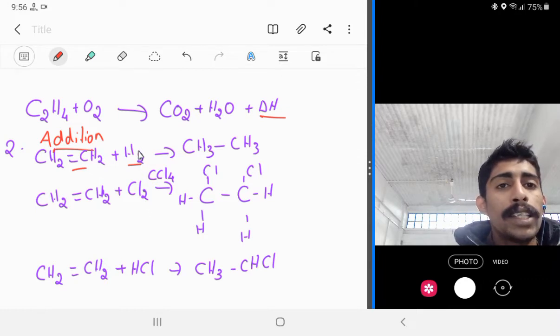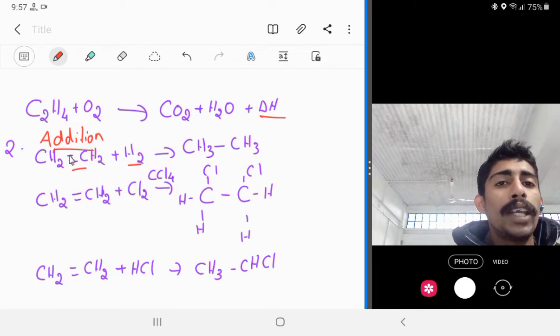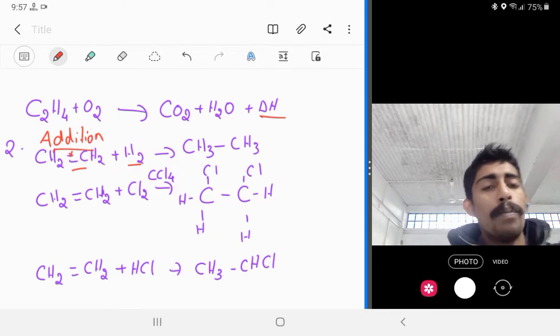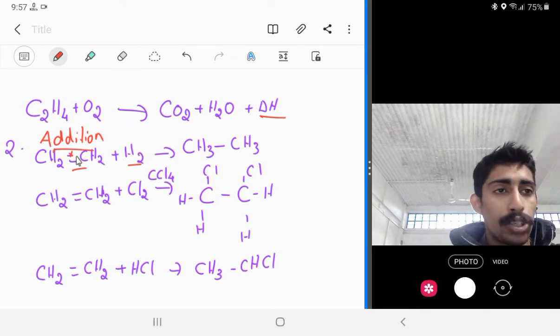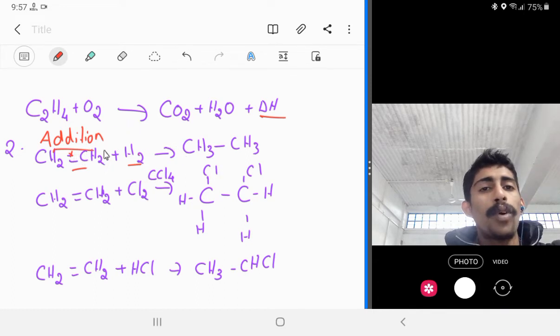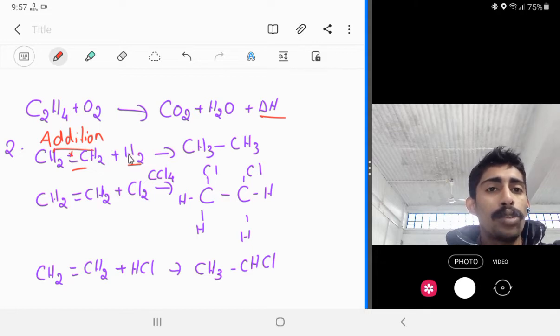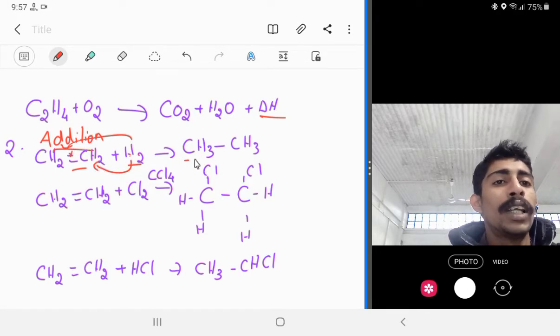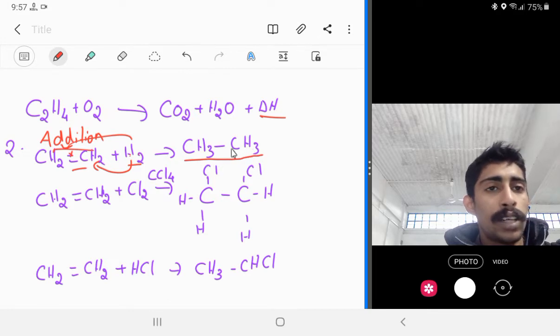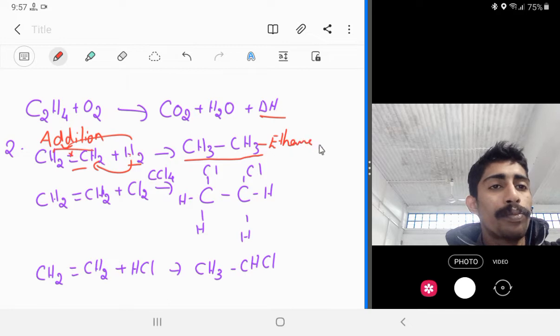The hydrogen will break one bond and come to that position. One hydrogen moves to the first carbon atom and the second one moves to the second carbon atom. Then we get ethane, CH3 CH3.